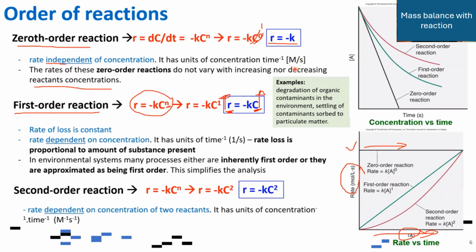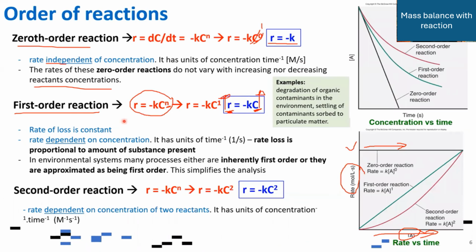Molar per second, because we have the concentration here, concentration per second. So basically it's just the unit of the C, since the concentration term is 1 already. So it becomes molar per second for the unit of zeroth order reaction.